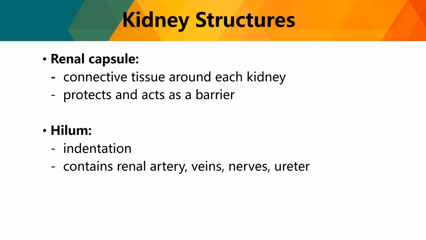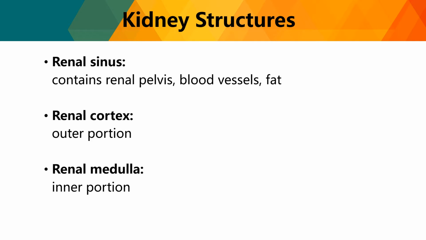It also has a hilum, which is an indentation, and it contains your renal artery, the veins, the nerves, and your ureter. Other structures include your renal sinus, which contains your renal pelvis, the blood vessels, and the fats found in your kidneys. You also have the renal cortex, which is the outer portion of your kidney, and your renal medulla, which is the inner portion.